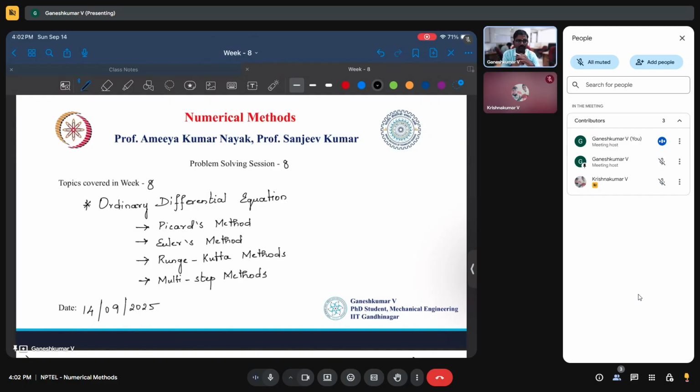This is the last week of the numerical methods course, and throughout 8 weeks, we saw how to solve different types of problems in different types of equations using numerical methods. We started with how to solve linear systems of equations, and then we got into finding eigenvalues of a matrix.